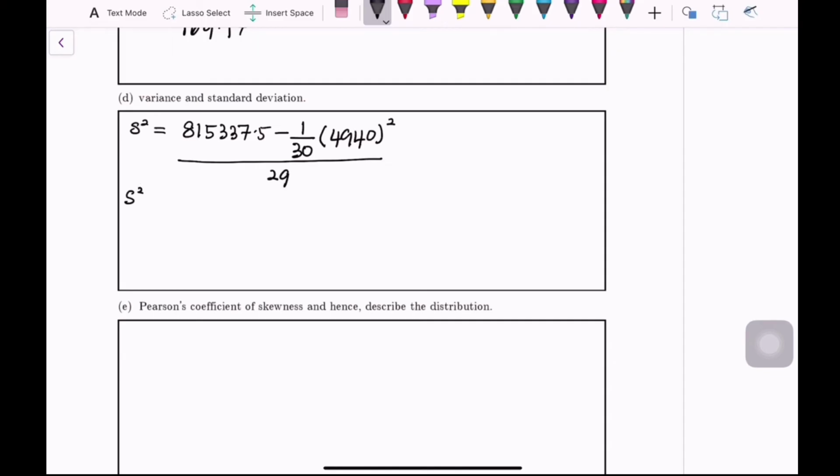So S squared, or variance, is 64.97. For standard deviation, S is the square root of variance. So the square root of 64.97 is equal to 8.06.